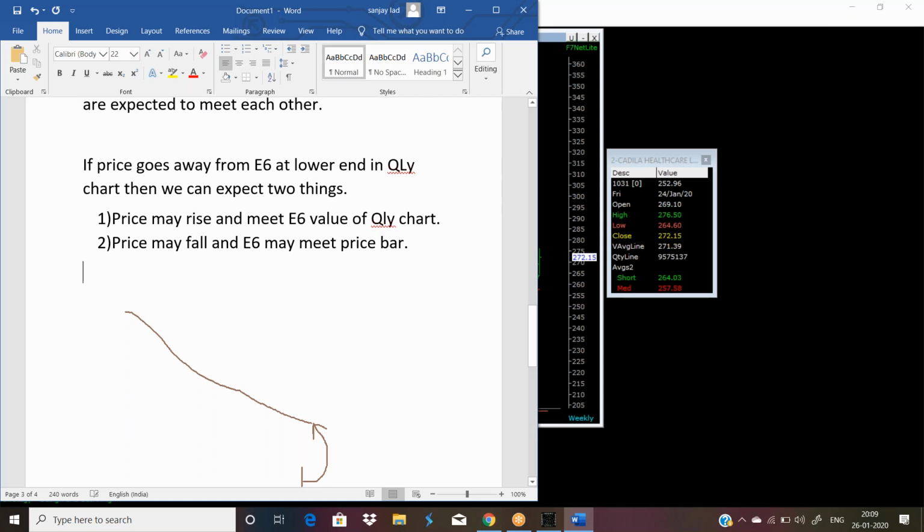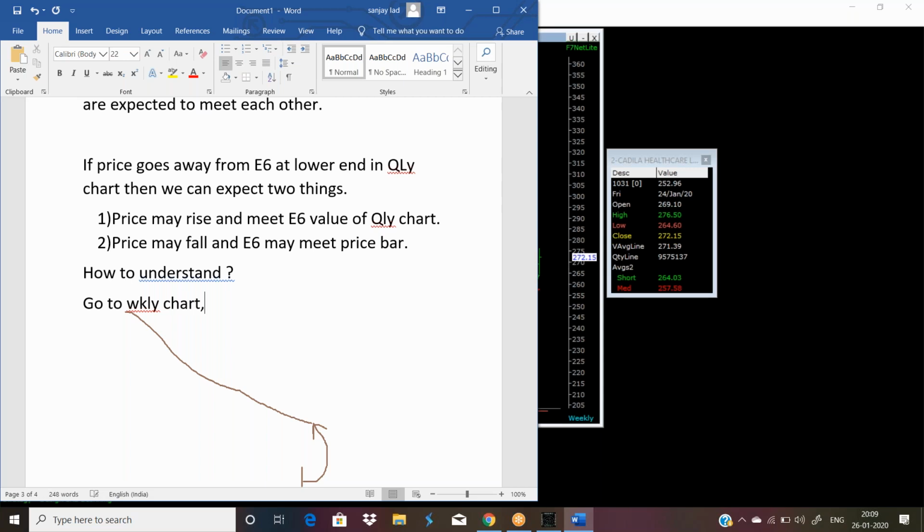How to understand this part? What is going to happen? So go to its lower time frame chart. Quarterly lower time frame chart is weekly chart.